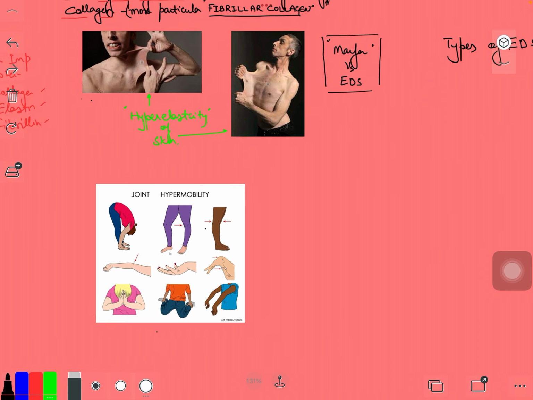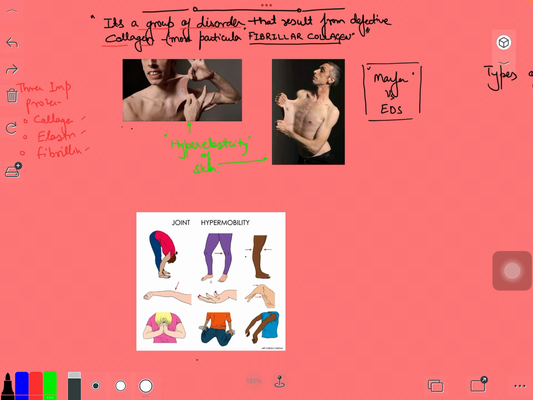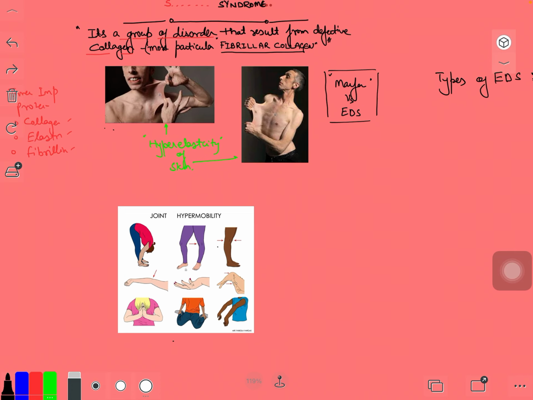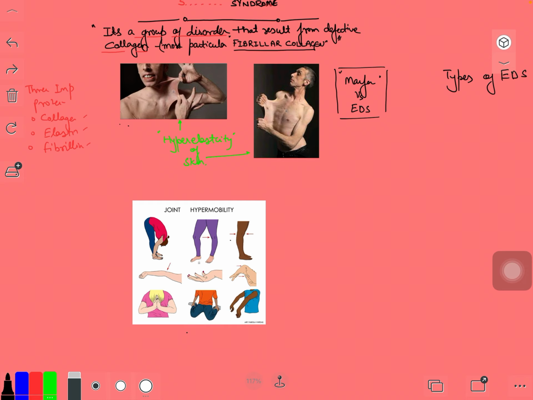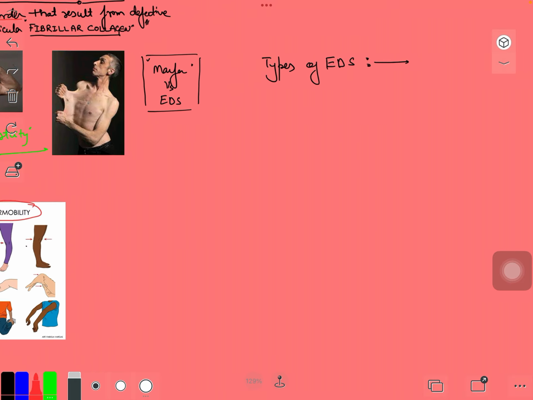What is the type of EDS? Just focus on whether the patient has hyperelastic skin and joint hypermobility. Few other important clinical features may be present, but at the instant of diagnosis, focus more on hyperelasticity of the skin and hypermobility of the joints. These two important things will help you diagnose the patient better.